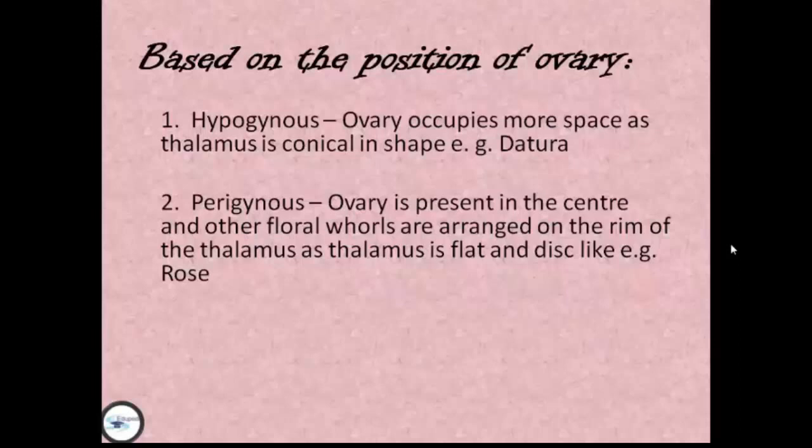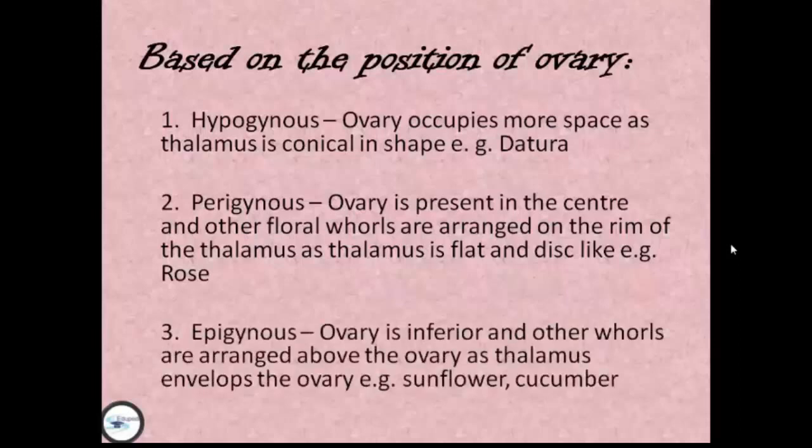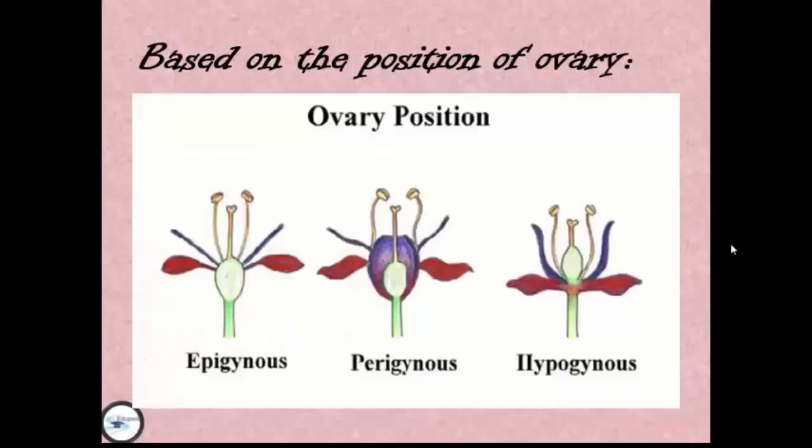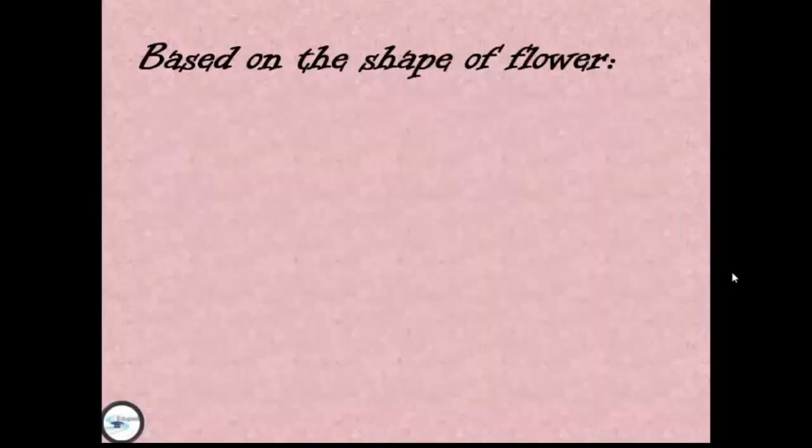Example, we have rose. Third one, we have the epigynous, in which the ovary is inferior and other whorls are arranged above the ovary as the thalamus envelops the ovary. For example, we have the sunflower and cucumber. This is the position of the ovary: epigynous, perigynous, and hypogynous.